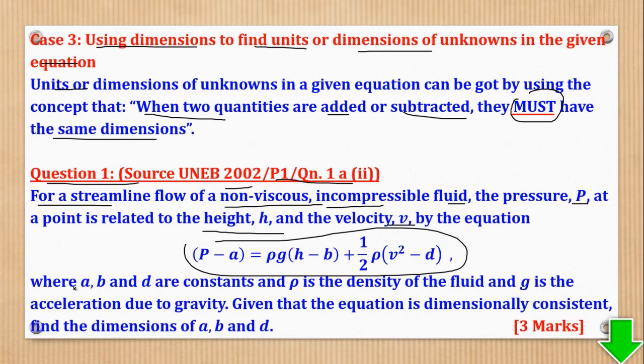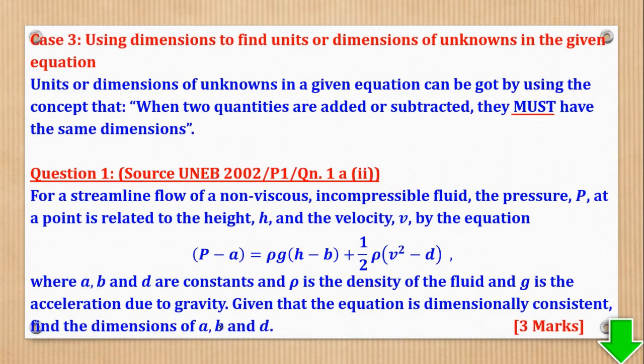Where a, b, and d are constants, rho is the density of the fluid, and g is the acceleration due to gravity. Given that the equation is dimensionally consistent, find the dimensions of a, b, and d.